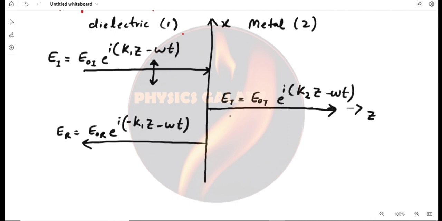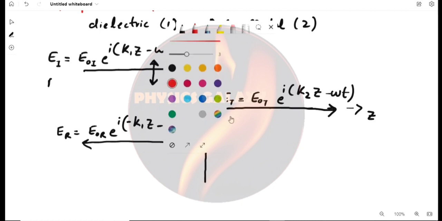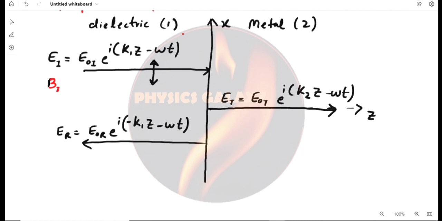Also I will write the corresponding magnetic fields. For the incident light, B_I equals E naught I divided by v1, where v1 is the speed of propagation in medium 1, with the same exponential factor.